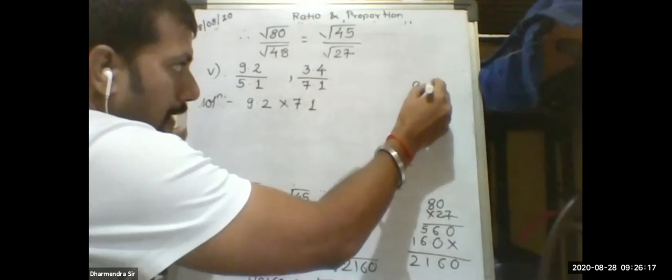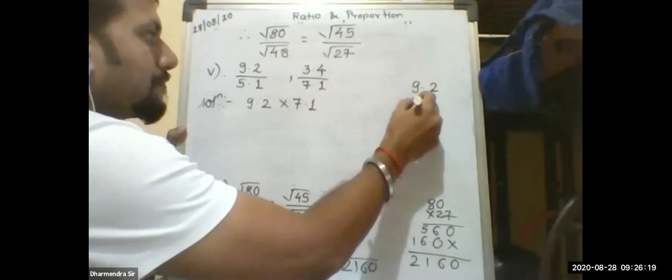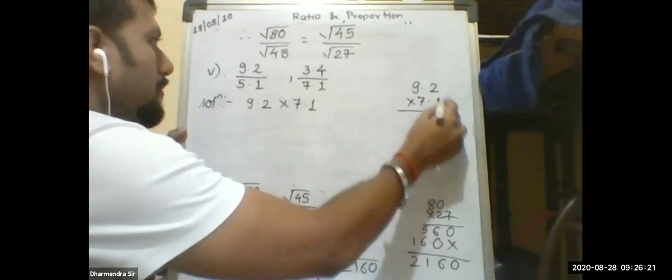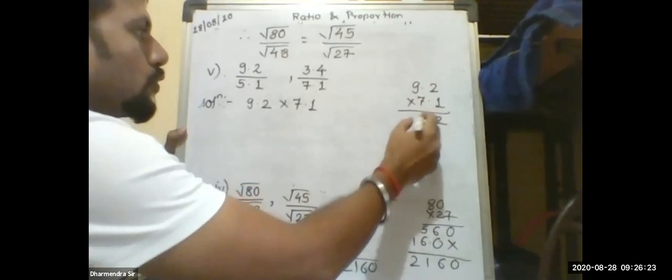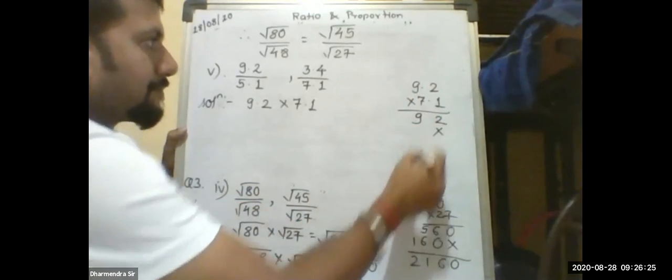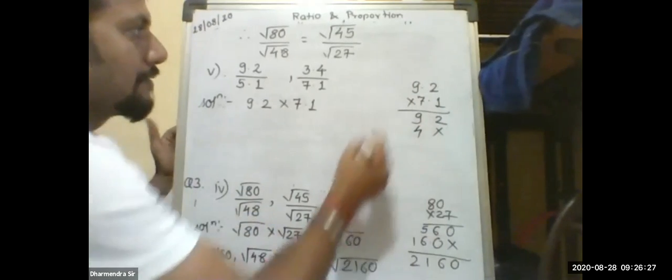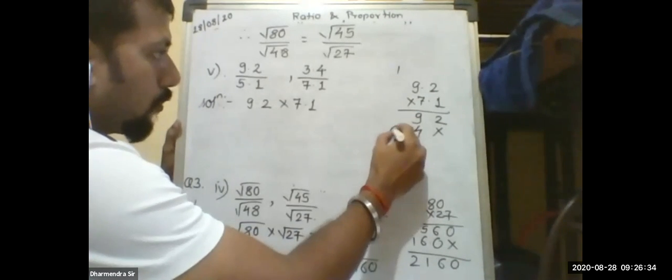9.2 into 7.1. We'll multiply this. 1 twos are 2, 1 nines are 9, 7 twos are 14, carry 1, and 7 nines are 63, plus 1, 64.